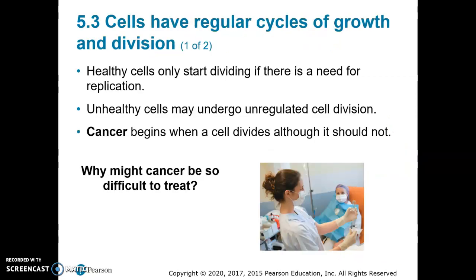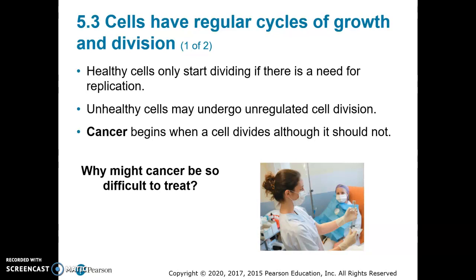If you look at the typical life of the cell, it goes through what's called a cell cycle, and all of your cells have a regular cell cycle, meaning that it's all timed for growth and division. And as long as your cells are healthy, they're going to be doing this at regular intervals, very predictable.